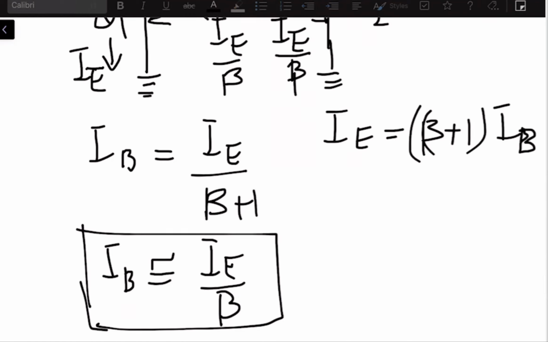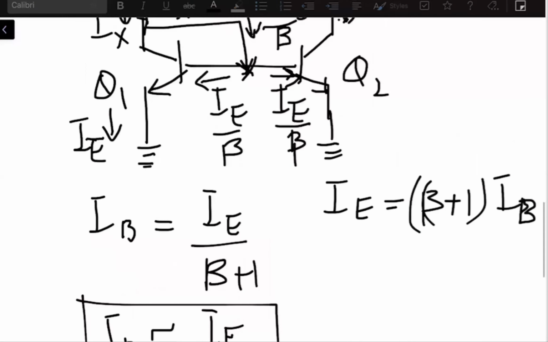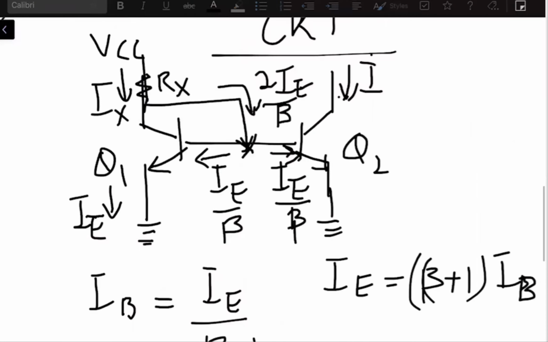Right, so the base current is actually equal to IE by beta. So what we have done is replace the base current of both Q1 and Q2 with IE by beta, and they are flowing in their own respective transistors.